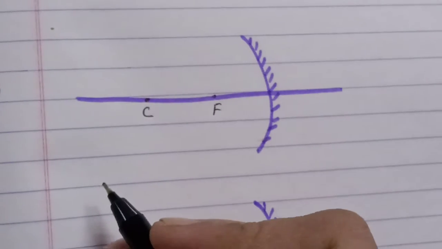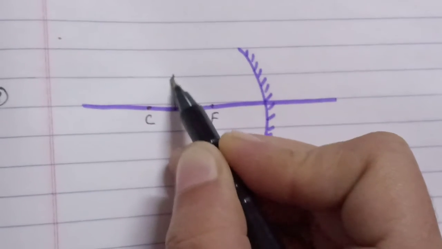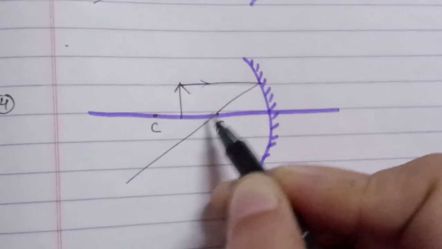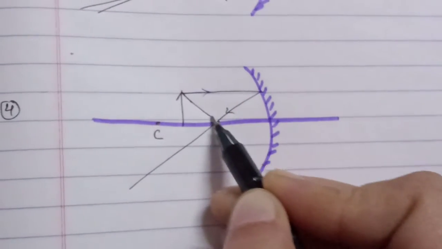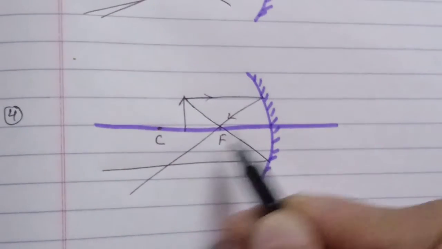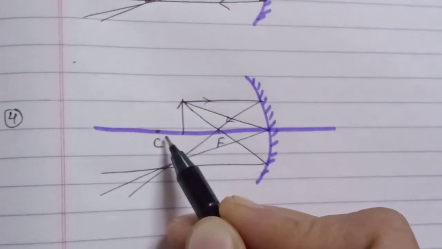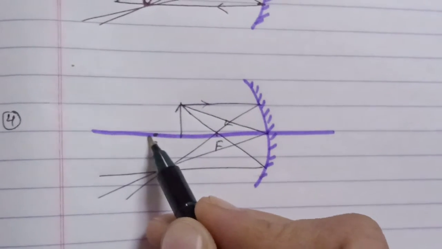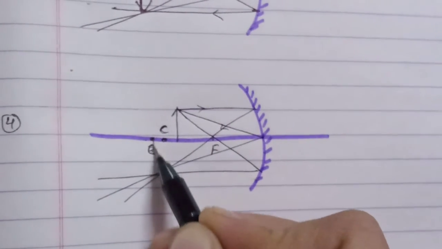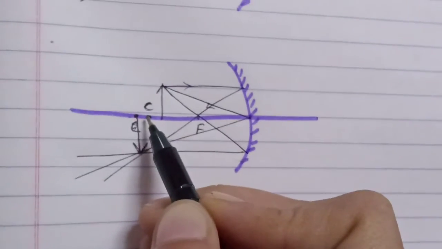So the fourth condition is the object is placed between the center of curvature and focus. First, the parallel ray, second, from focus, third, from pole. Okay, this is the center of curvature. Okay, the image is formed between infinity and the center of curvature.